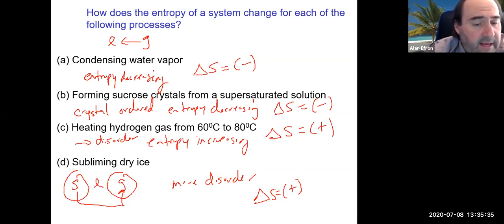We started talking about entropy, which is delta S. Entropy is basically the amount of disorder that's happening. It's a measure of disorder in a system. If we see an increase in the amount of disorder, we see an increase in the entropy.